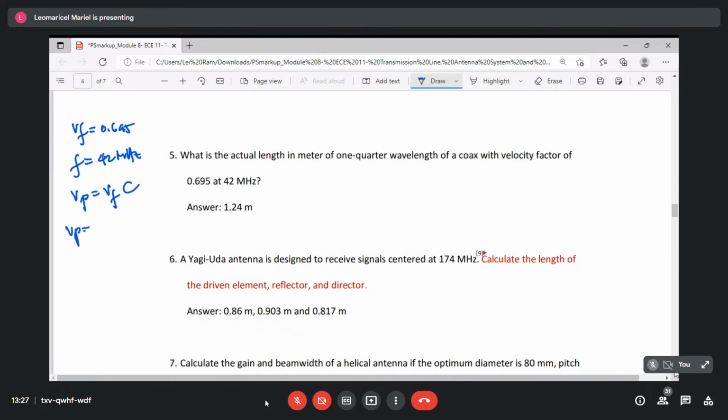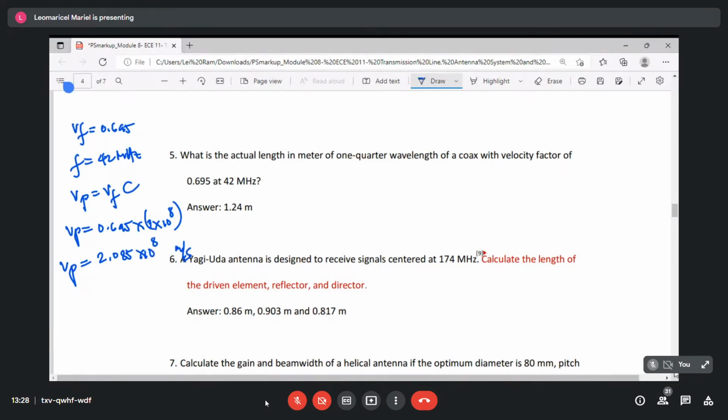So velocity of propagation will be equals to 0.695 times 3 times 10 to the 8. Ilan ang velocity of propagation? 2.085 times 10 to the 8 meter per second.